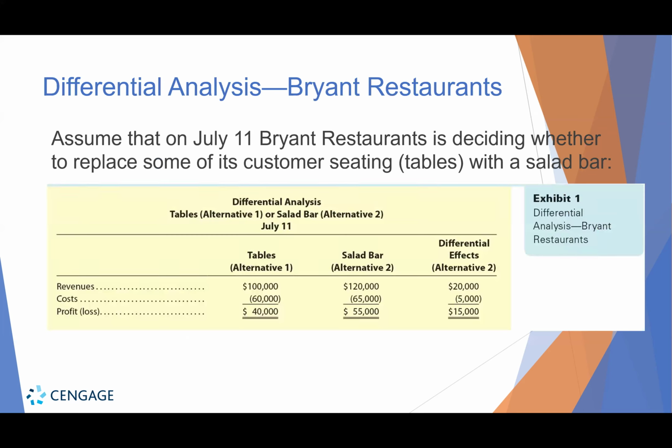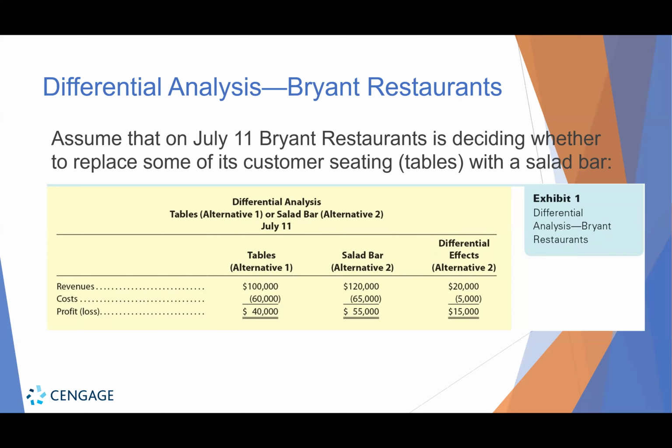We're going to take Bryant Restaurants, and here Bryant is looking at maybe taking away some tables and putting in a salad bar in lieu of the space for those tables.